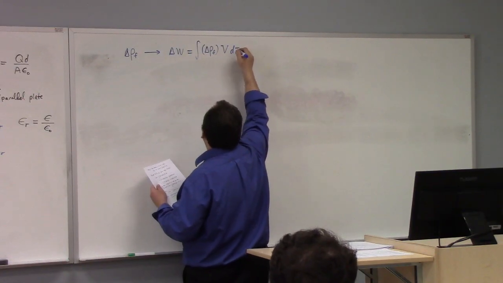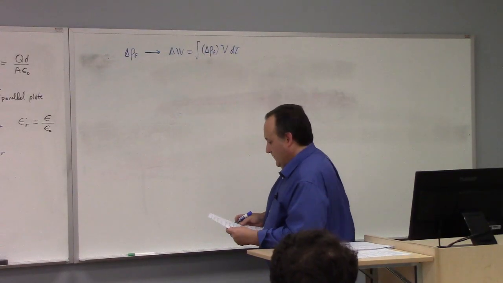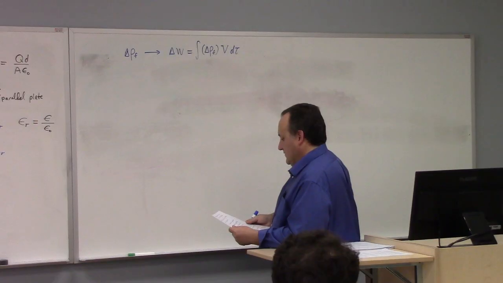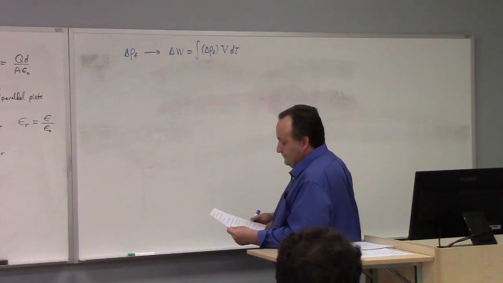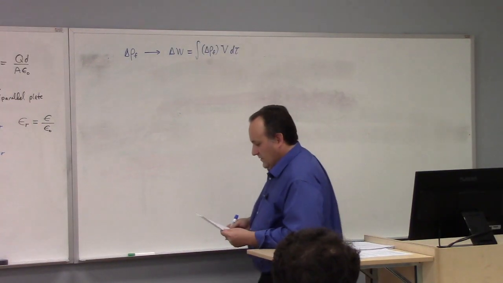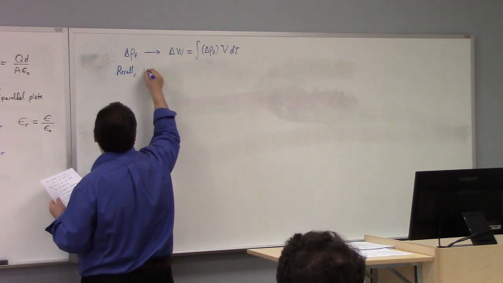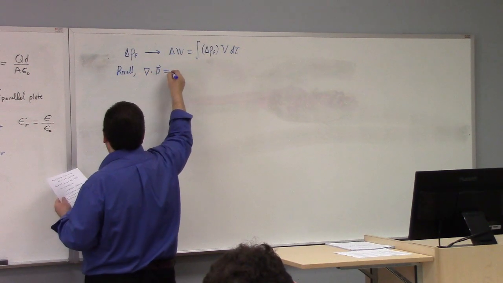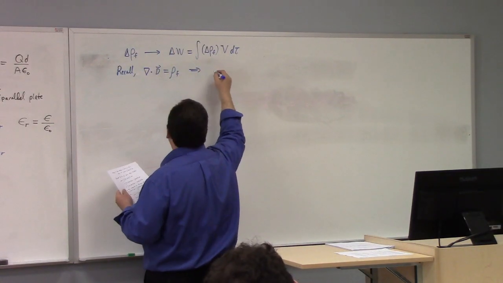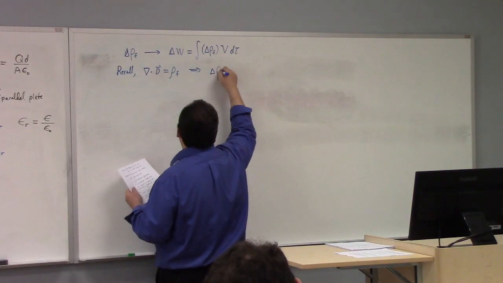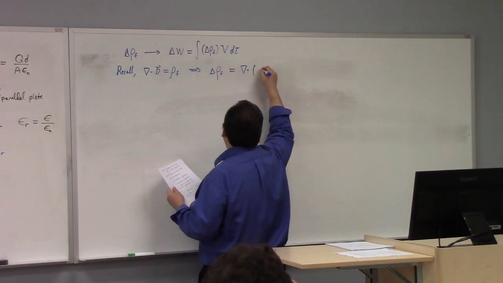So the cost to us in terms of work to increase the density by a little bit is given by that integral, right? But we also know, you remember this, that the divergence of the electric displacement is the free charge density. And so that tells me that the change in the free charge density can also be gotten from the divergence of the change in the displacement.